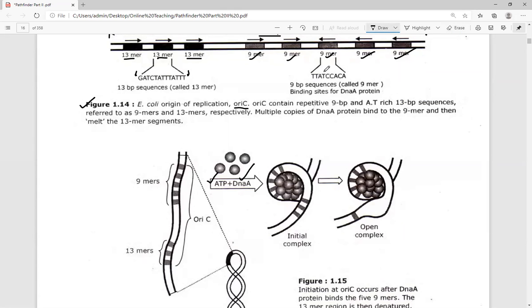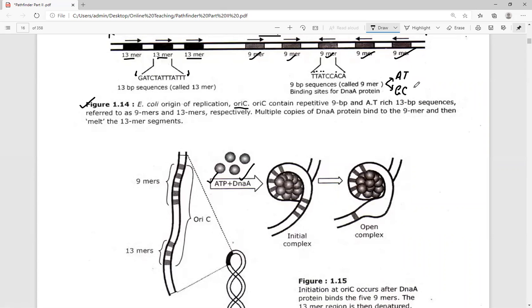To understand this process, you must calculate the AT and GC content of the 9-mer and the 13-mer regions. When you calculate the GC content of the 9-mer, out of 9 you find there are 3 GC.